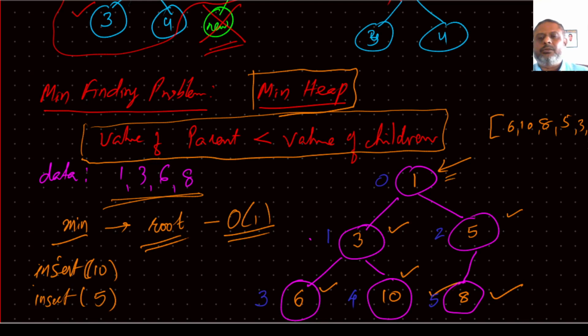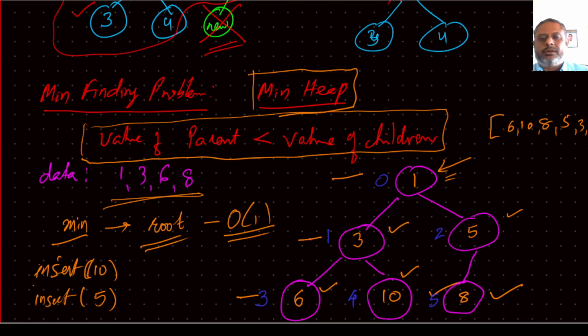The minimum value is 1. So that's a property of a heap. The simple thing is, layer-wise, you just look at it. The parent should have a smaller value compared to the child. If that one condition is satisfied, then yes, it's a heap.